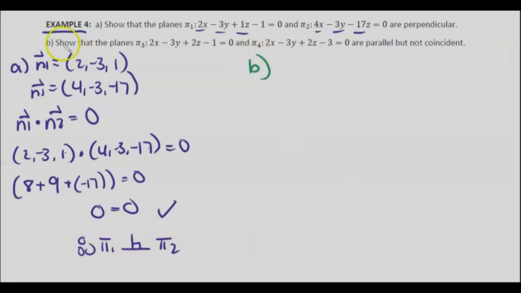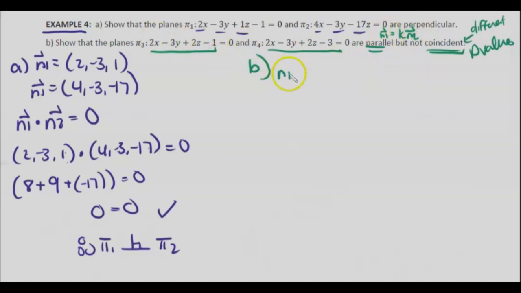Now, B. Show that the planes, plane 3, which is this, and plane 4, which is this, are parallel but not coincident. Okay? So parallel but not coincident. That means different d values. And parallel means n1 is going to be a scalar multiple of n2. That's it.